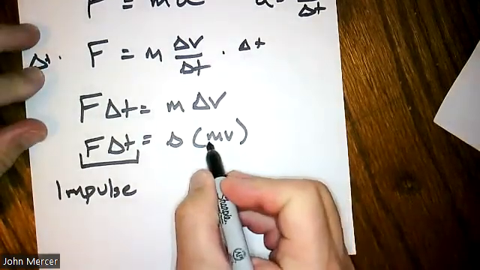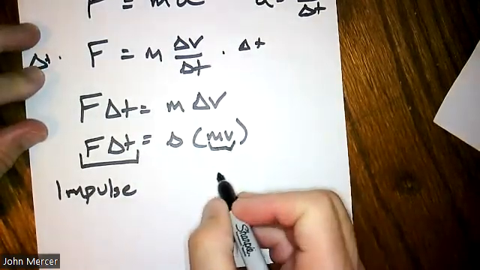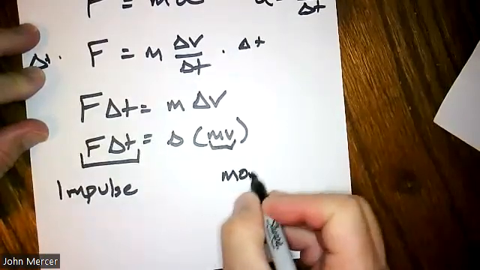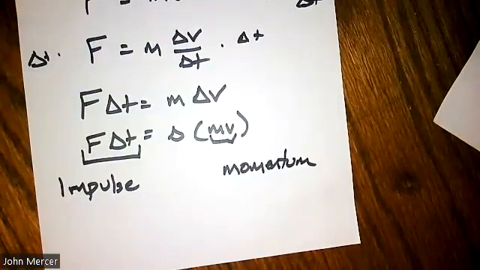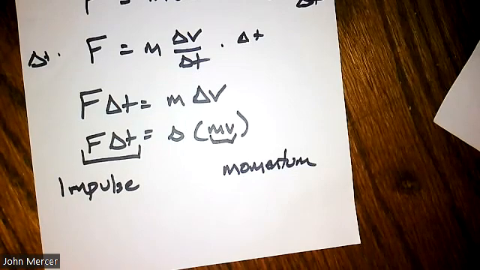And over here, the mv part is a new parameter called momentum. It's got a terrible definition in that if you look it up in a physics dictionary or textbook, momentum will just be described as the quantity of motion. It's still pretty vague, but it represents the product of mass and velocity.